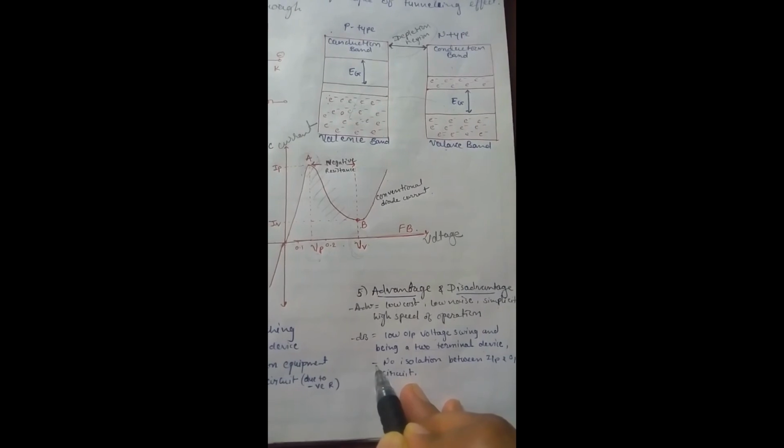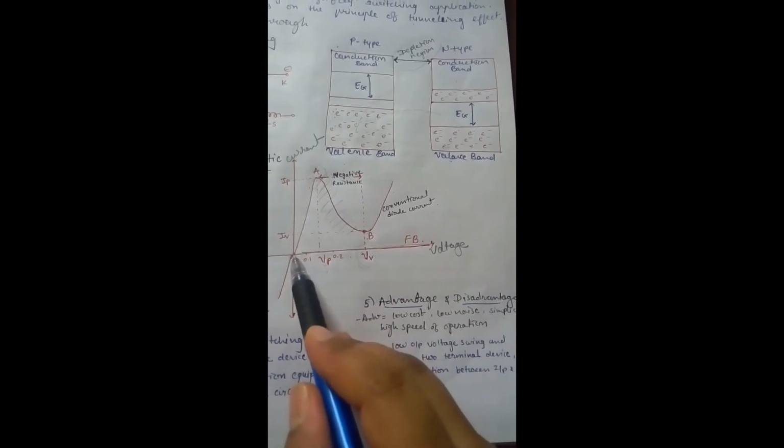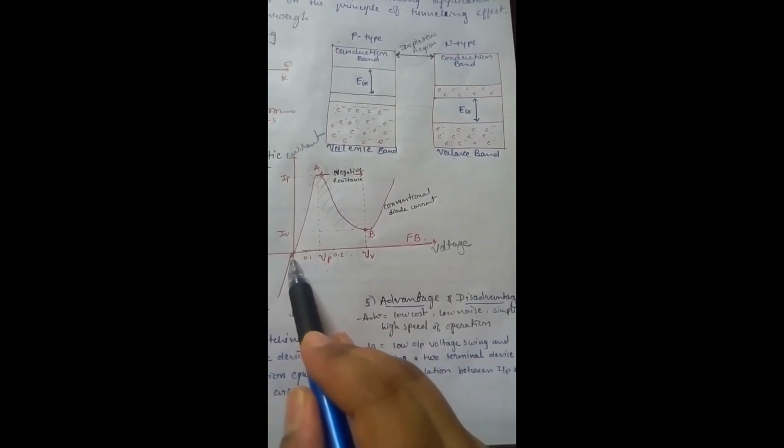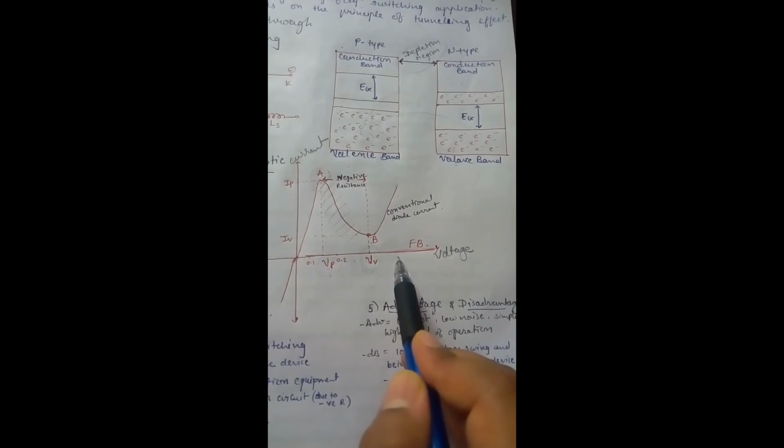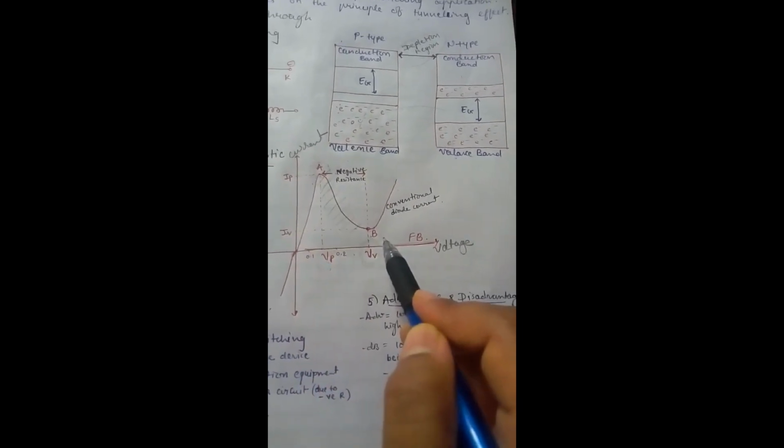The next disadvantage is no isolation between the input and output circuit. How? Because as and when we give an input, the output changes very rapidly from up to down.